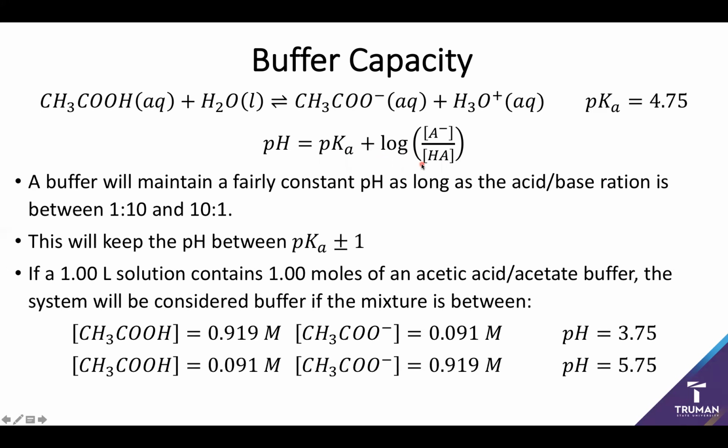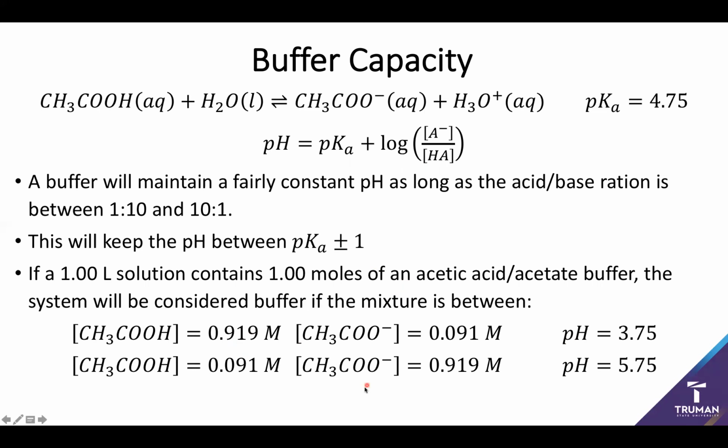So let's say I have a 1 liter solution that has about 1 mole of acetic acid and acetate combined. This would be an acetic acid buffer, or an acetate buffer, as it's typically referred to. Now, the concentrations of the individual components would be somewhere between about 0.9 molar acetic acid and about 0.1 molar acetate on the low end, which would give us a pH of about 3.75.